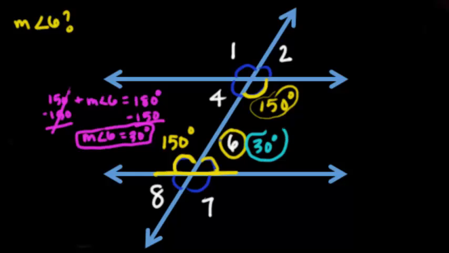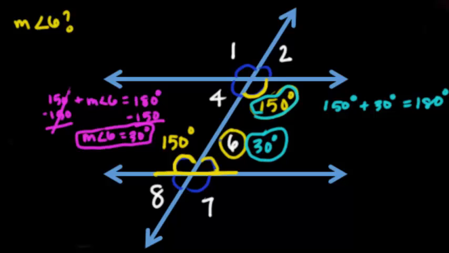One thing I want to draw your attention to is that 150 degrees plus 30 degrees is equal to 180 degrees, which is pretty nice. And in case you forgot, whenever we have two angles that add to be 180 degrees together, they are supplementary.